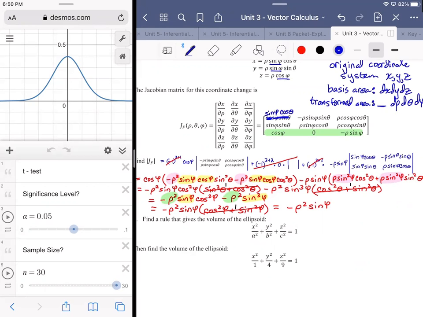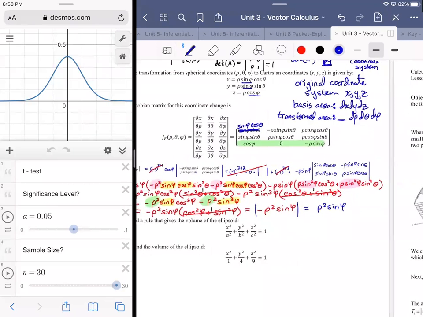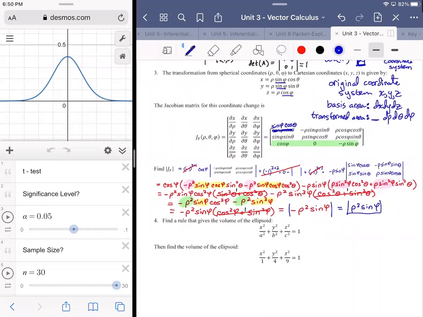So if we drop the negative here, we'd be looking at rho squared sine of phi. And so that gives you the multiplier for the variables d rho d theta d phi or d rho d phi d theta.